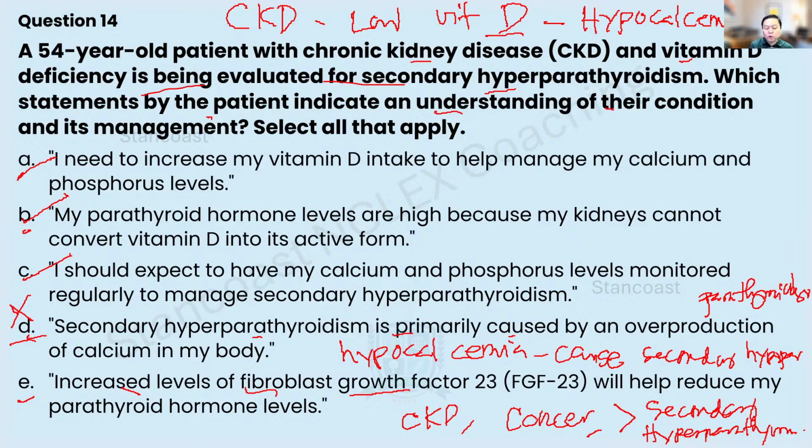This is no longer going to be beneficial because there is going to be a resistance to the FGF, as the CKD is a chronic disorder. It's not something that is treated for, let's say, a minimum amount of time. No, it is a progressive type of disorder. And so this is not going to really have a long-lasting effect. Okay? So that is incorrect. So we have our correct answers here, A, B, and C.